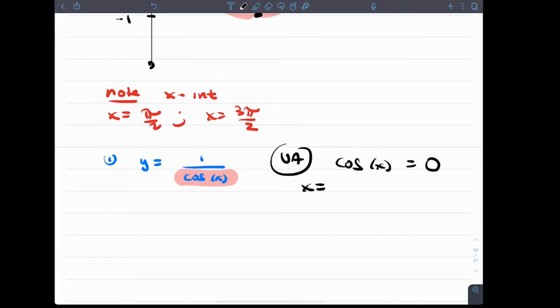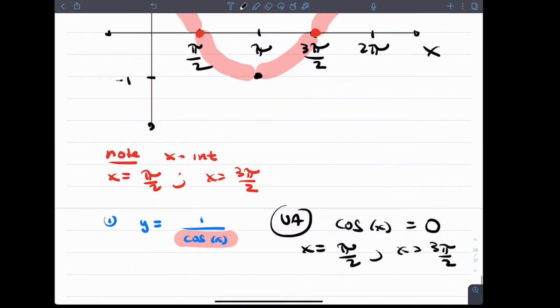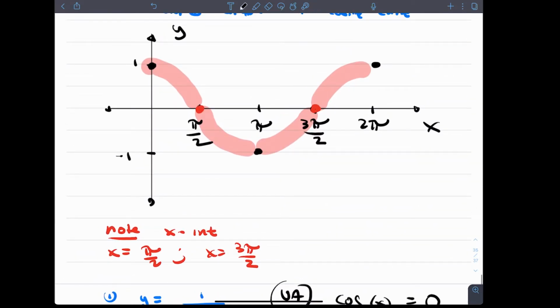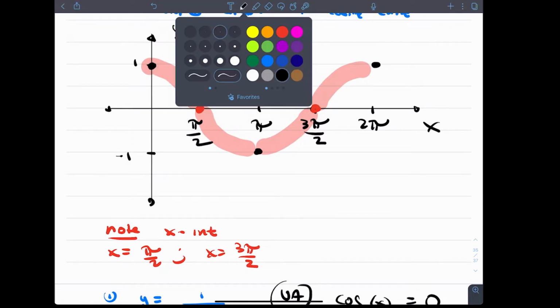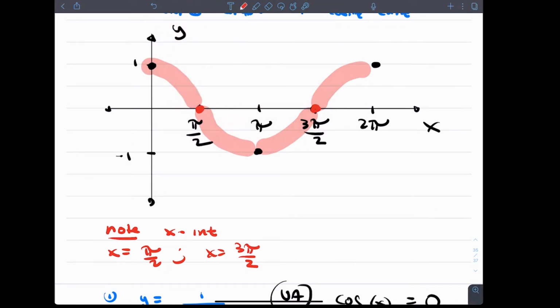And we already know that cosine is 0 at pi over 2 and 3 pi over 2. This is why you want to draw that ghost curve for cosine. Because a vertical asymptote is a line that you never what? Cross.